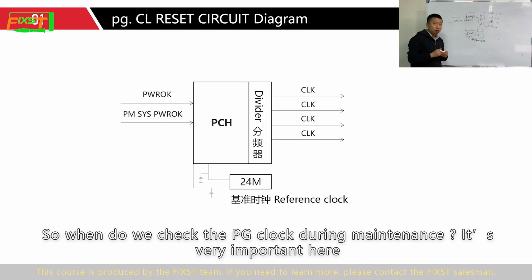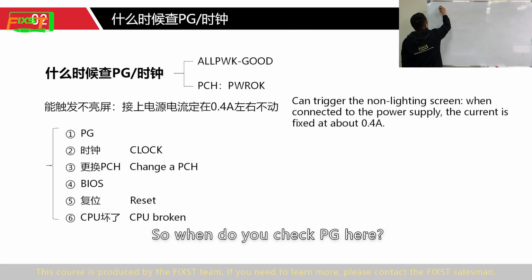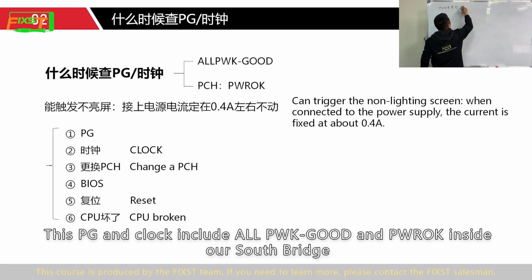So when do we check the PG and clock during maintenance? It's very important here. This PG and clock include all the power good and power OK signals inside our Southbridge.